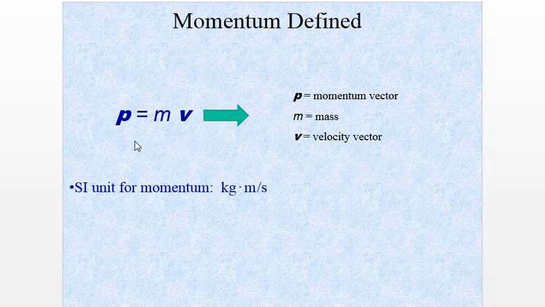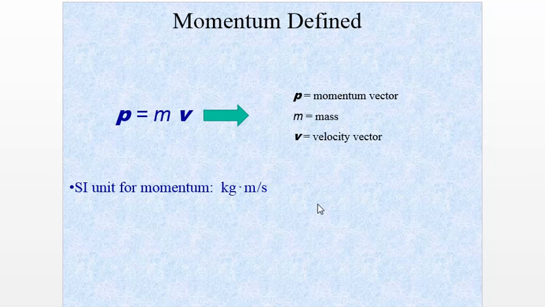The unit for momentum, in the international standard, is kilogram meter per second. Momentum is a vector because it has a value and a direction. A total force is required to change a body's momentum.